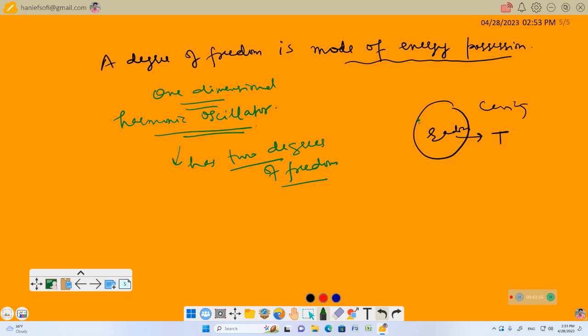Now, the oscillating charges in the cavity walls are oscillating in response to the presence of the radiation in the cavity. So, they are radiating, they are absorbing radiation that is acting on them, but the system, that means the radiation emitted by these cavity walls and the radiation inside the cavity, they all are in thermal equilibrium.